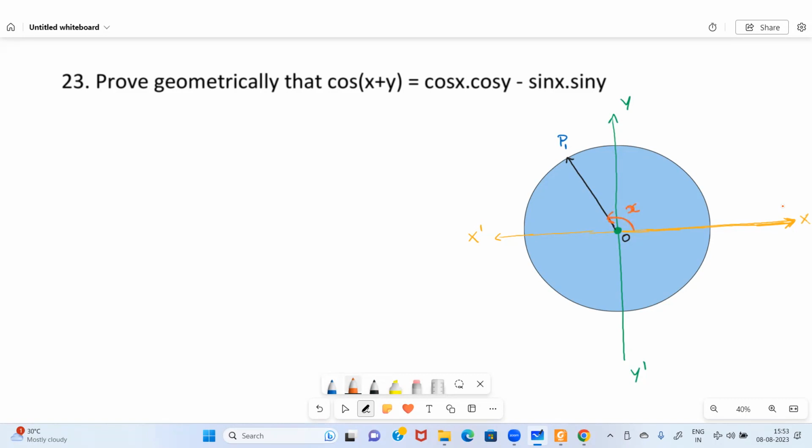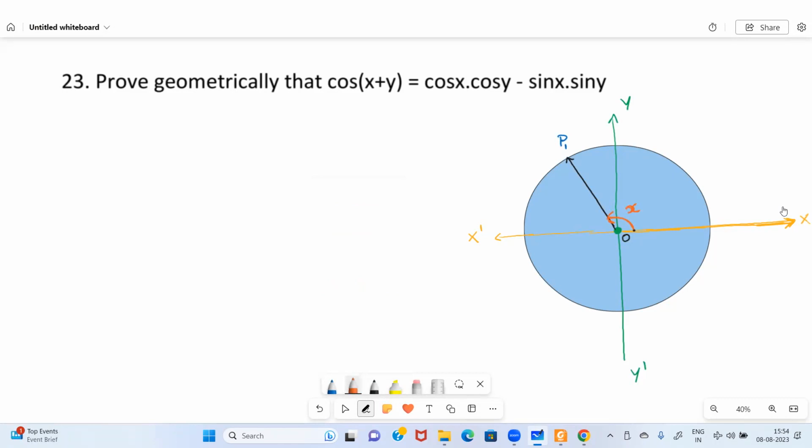Clear, students? Now you're going to draw another ray. Let me call it OP2. The total angle, let it be 220 degrees, or in other words, keep the protractor along the line OP1 and once again make an angle of 110 degrees.